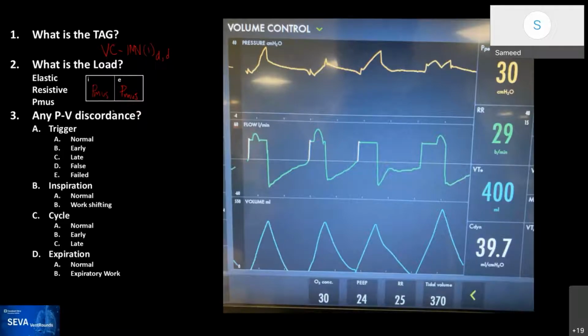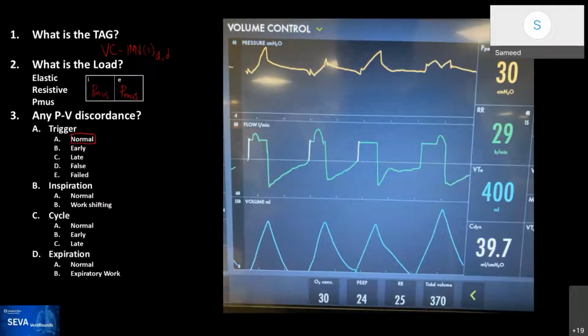In terms of PV discordance, the trigger: for the first breath, I'm not really sure what's happening right before inspiration, but because there's a color change in the first 3 breaths, I would say that at least the trigger is being detected. The pressure waveform is not really clear about things. So I would say the trigger is normal. Maybe the 4th breath, I'm not sure.